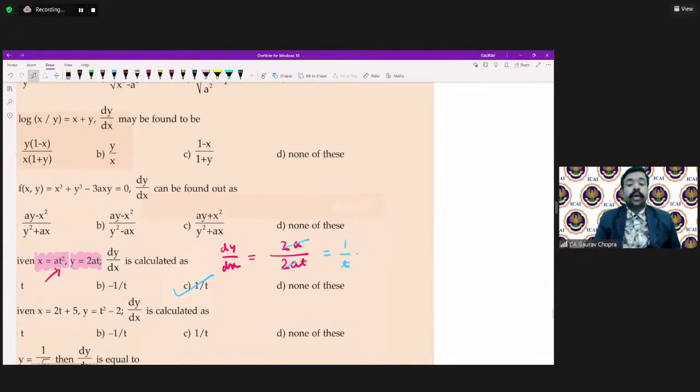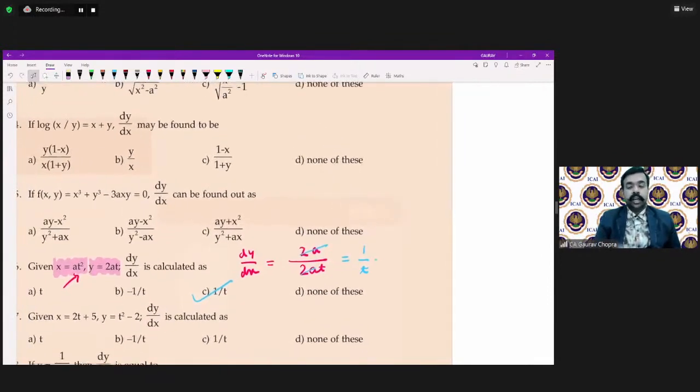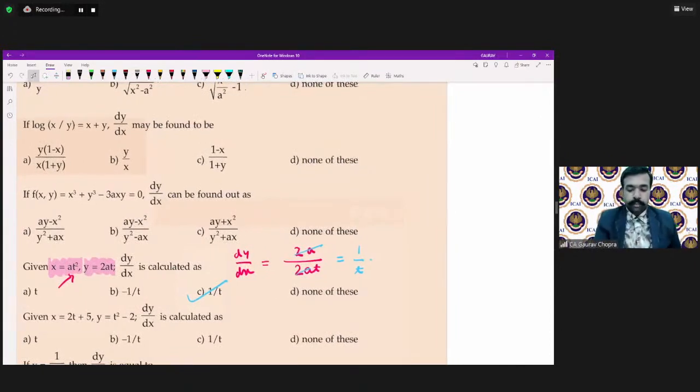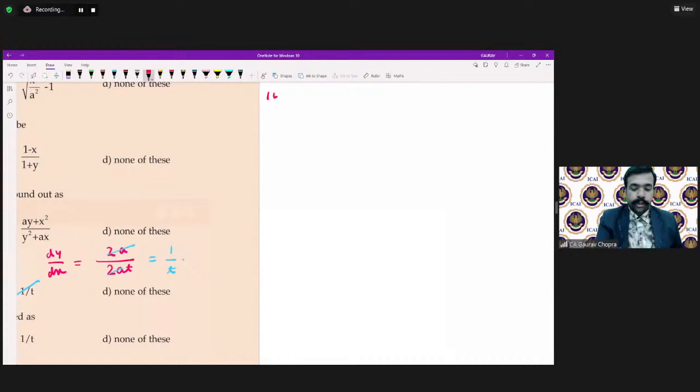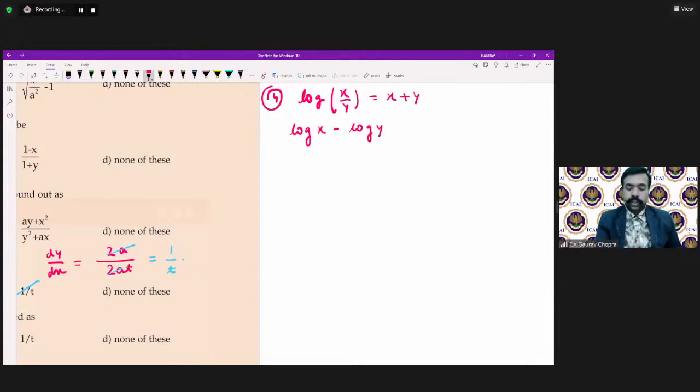It is written log x upon y, a division. Whenever there is a division, we apply its property and we get log x minus log y. So given is log of x upon y is equal to x plus y. Applying the property we get log of x minus log of y equal to x plus y.